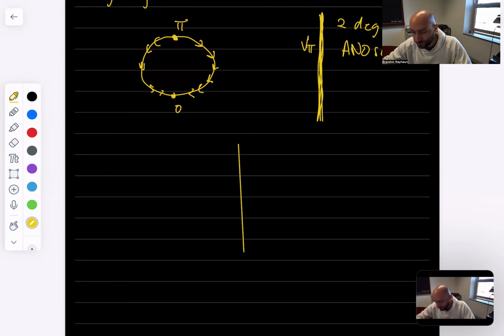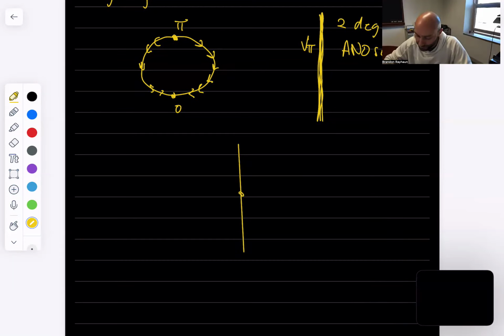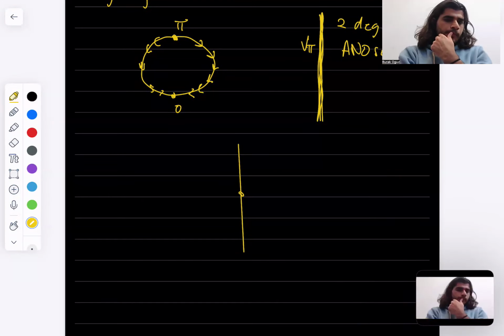If you just forget that the bulk existed and just focus on the line defect, it looks like a theory which has an ordinary symmetry and also a parameter space, and so it can have the same kinds of anomalies as quantum mechanics theories have. I see. So that's all that's happening here.